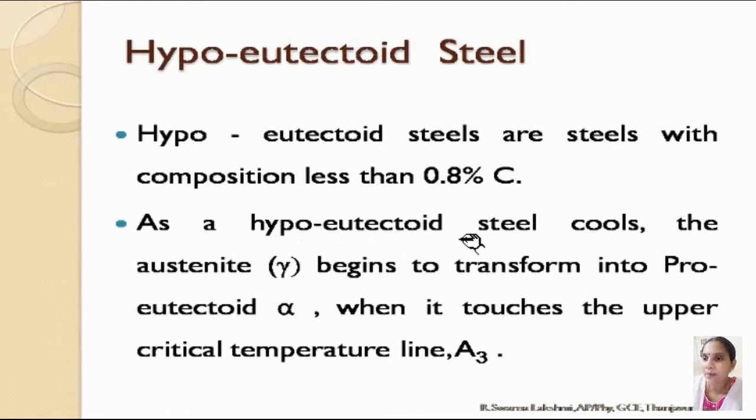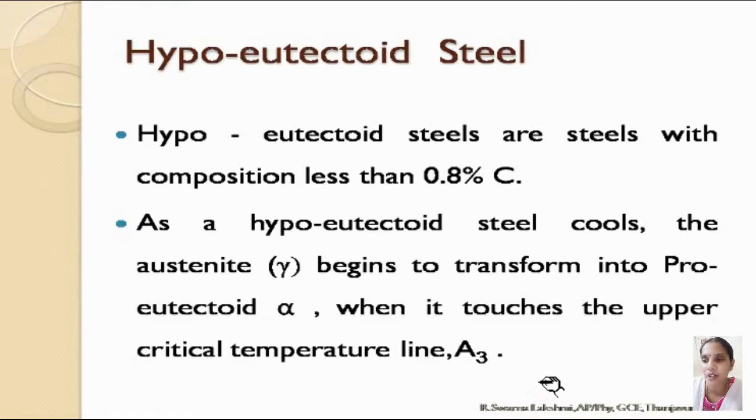So as a hypo-eutectoid steel cools, the austenite begins to transform into pro-eutectoid alpha, as we have seen in the phase diagram. And this happens when it is cooled to the critical temperature line A3. On intersecting the critical temperature line A3, nucleation of pro-eutectoid alpha phase begins.